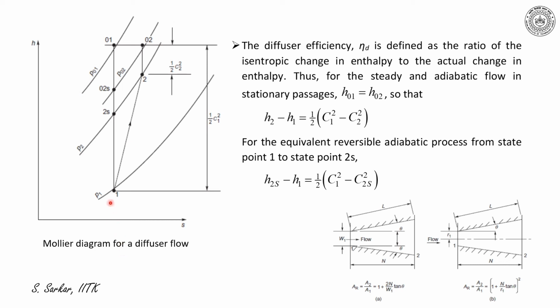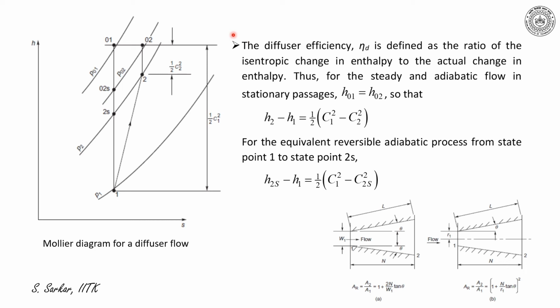And if you draw a vertical line representing the isentropic process, you will get the point 2s and 02s. 02s is the isentropic total temperature or total enthalpy at exit, and similarly the static temperature or static enthalpy at exit is represented by H2s or T2s. Now I can define the diffuser efficiency.